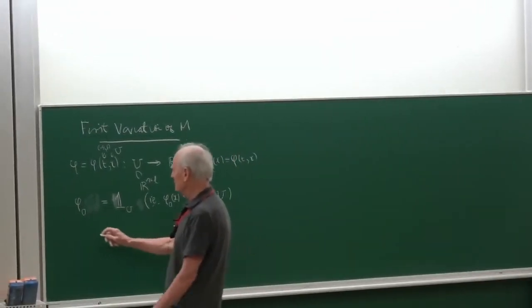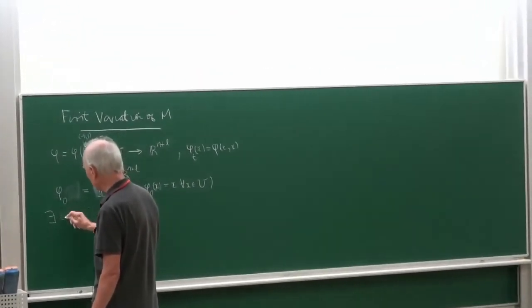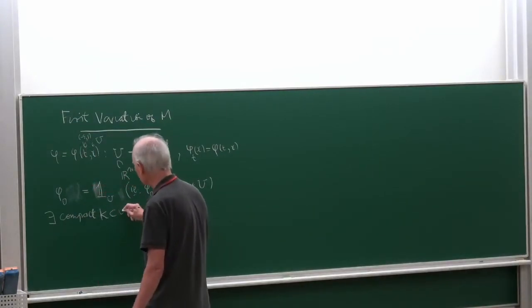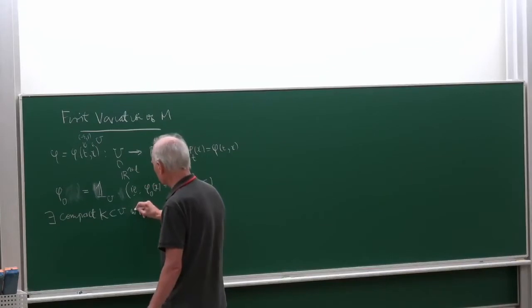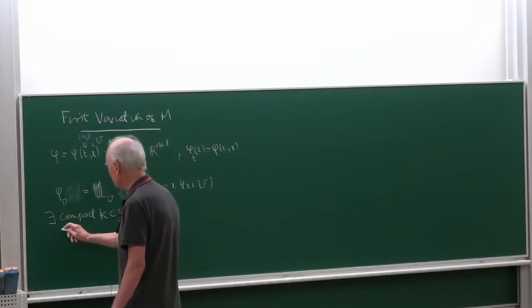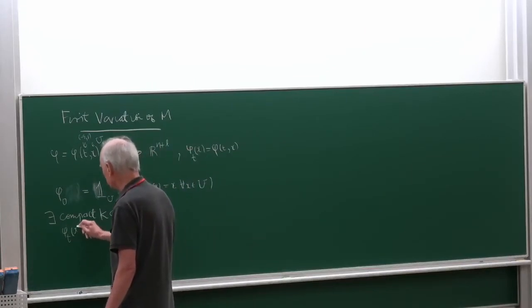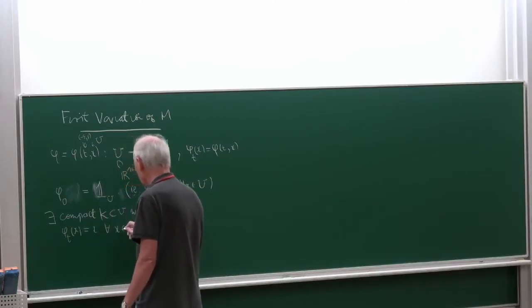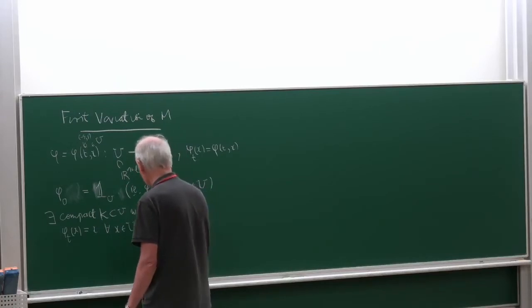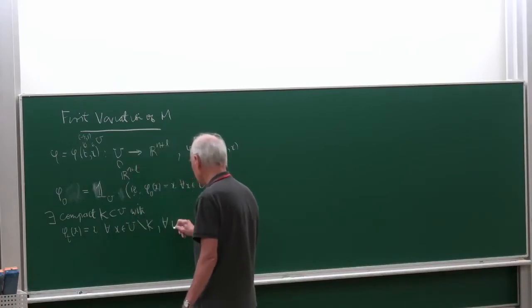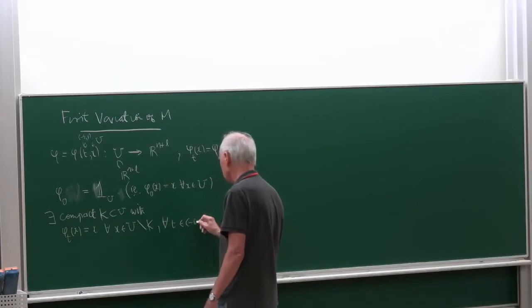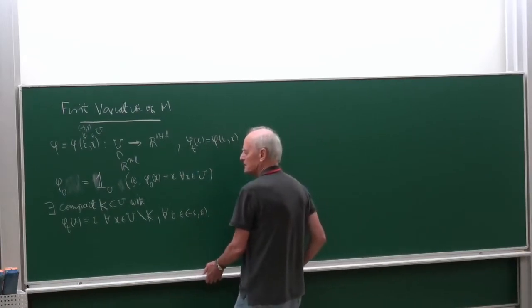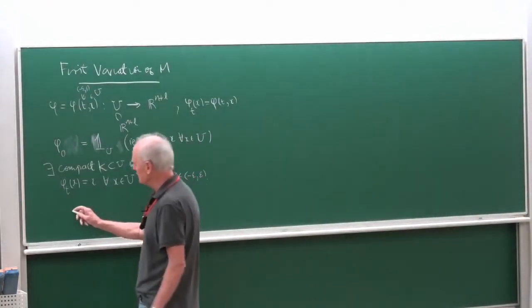So there should exist a compact K contained in U with phi_t(x) equal to x for every x in U minus K, and for every t in the small time interval minus epsilon to epsilon. That's exactly what we did in the smooth case, and now we can proceed as we did in the smooth case.